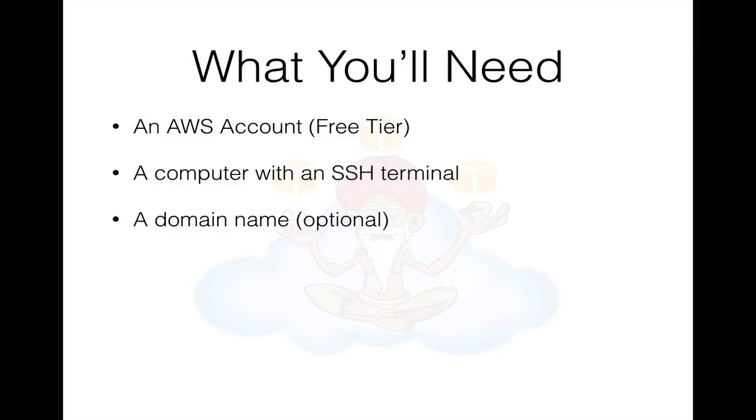This is an optional extra: a domain name would be really useful. Now, I'm going to use our domain name acloud.guru. But you might want to go out and register your own domain name just so you can get some hands-on experience. You can go to a website like GoDaddy.com and pick up a domain name for a couple of dollars.